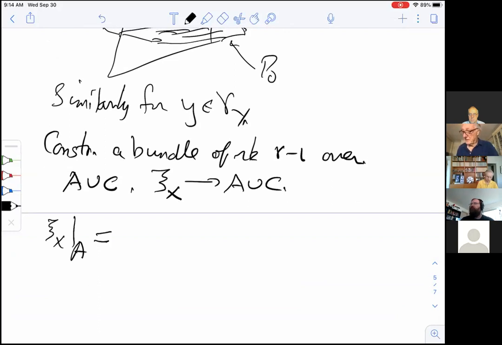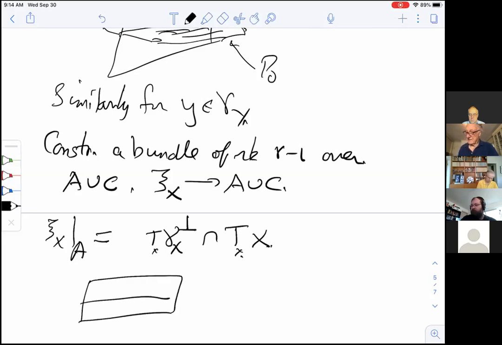You take the orthogonal complement of the tangent bundle of gamma X inside the tangent bundle of X. Okay, so we have X, gamma X. This bundle is simply the normal bundle of gamma X in X. Okay, so the tangent bundle of X is of dimension R, so this is a rank R bundle.